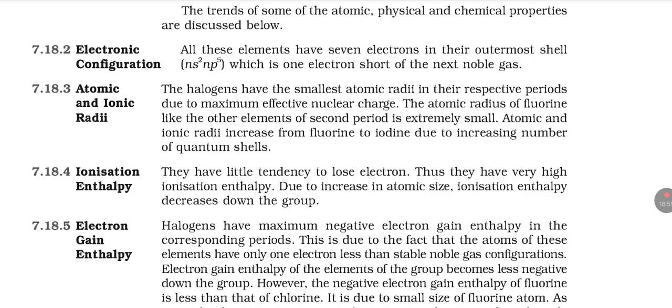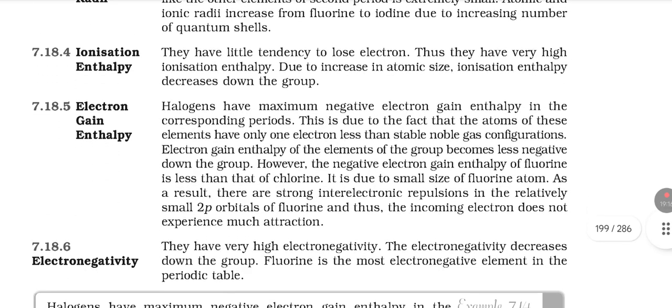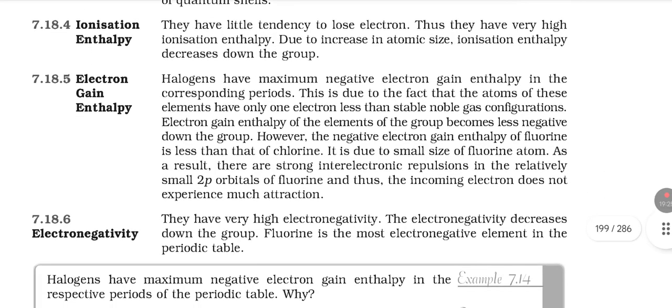The atomic radius of fluorine, like the other elements of second period, is extremely small. Atomic and ionic radii increase from fluorine to iodine due to increasing number of quantum shells. Ionization enthalpy. They have little tendency to lose electrons, thus they have very high ionization enthalpy. Due to increase in atomic size, ionization enthalpy decreases down the group.